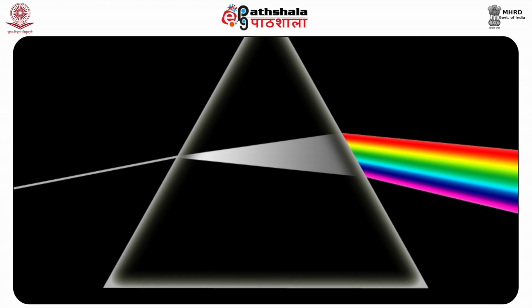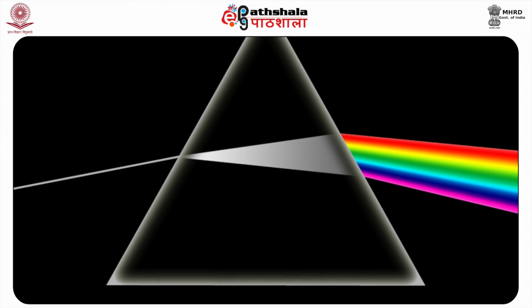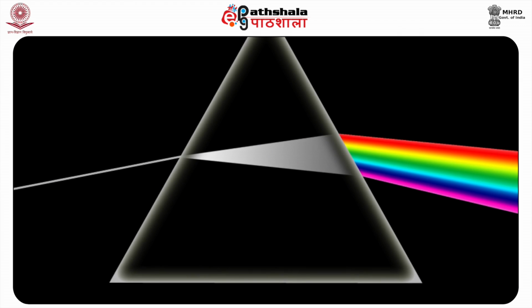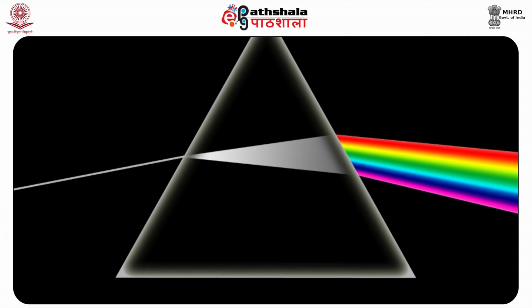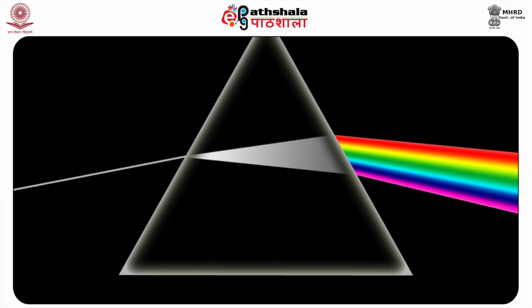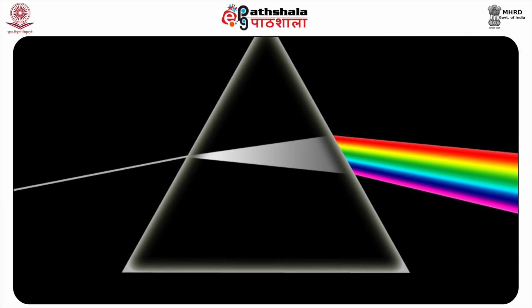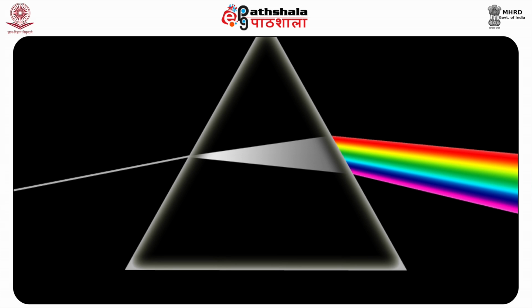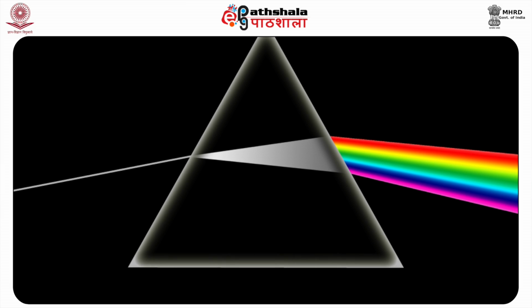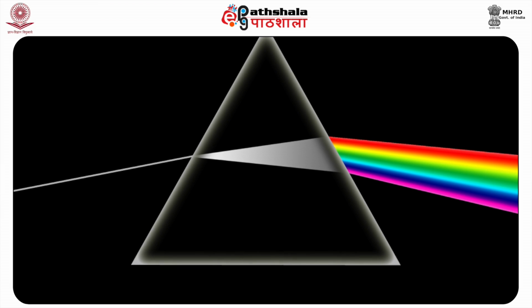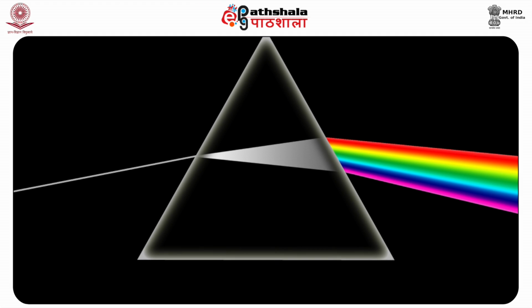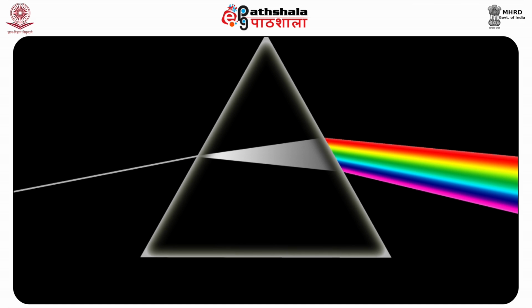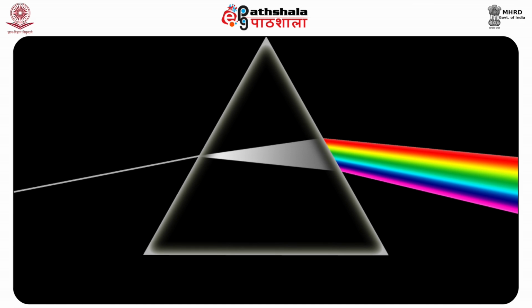In other words, the splitting of white light into its constituent colors when it passes through a transparent object like a glass prism is called dispersion. The coefficient of dispersion is expressed as a change in the refractive index between two specified wavelengths.